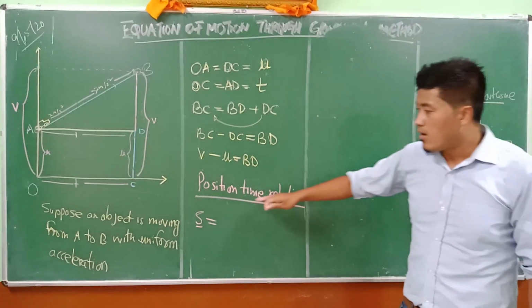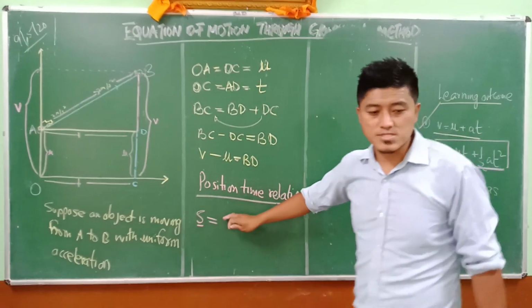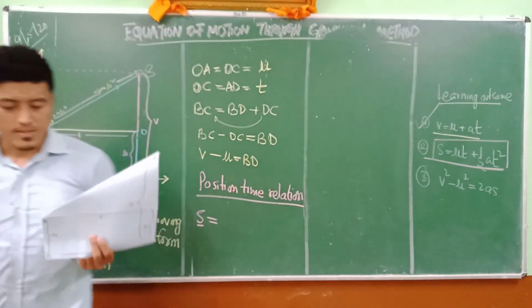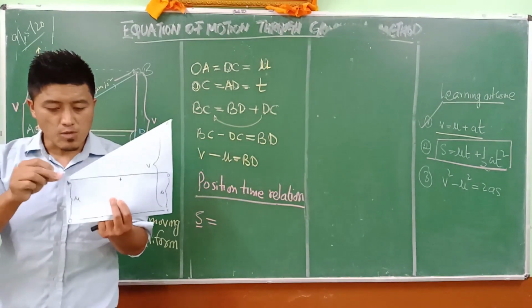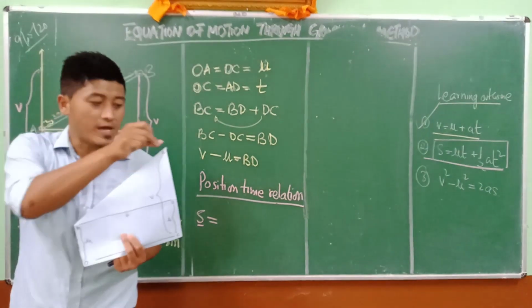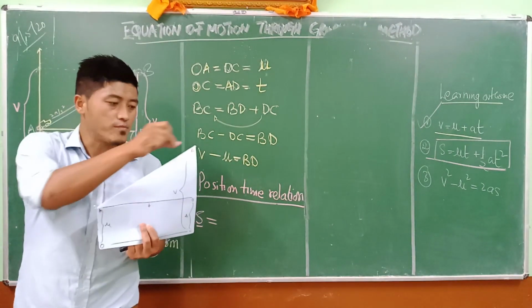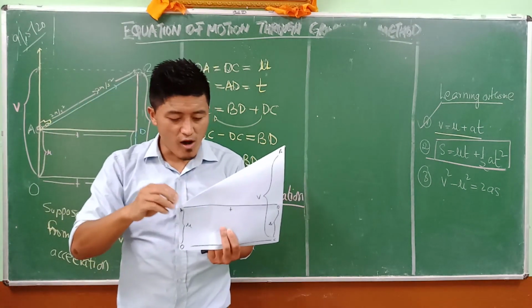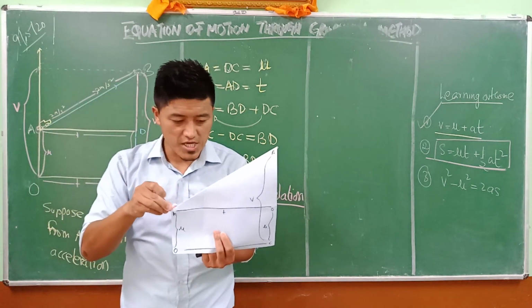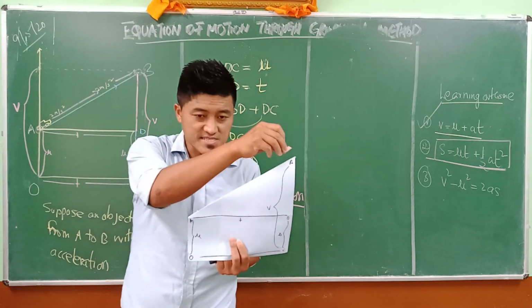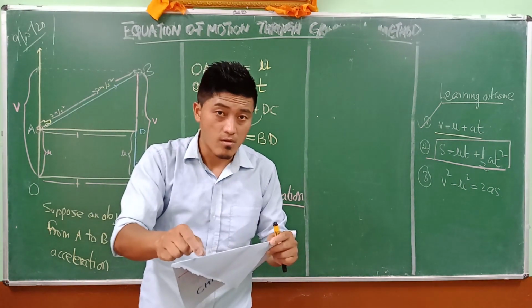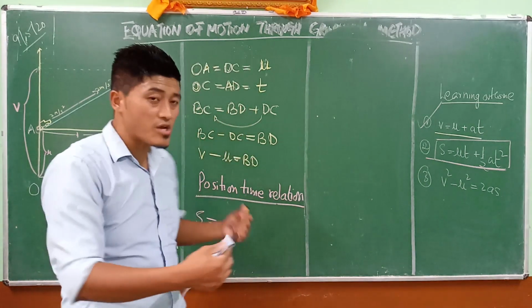Let's say there is an object traveling from this point to that point. What I'm asking is how far this particular object has traveled from here to there. In my case, it's easy because I can measure it, right? But in the graph case, you cannot do that.